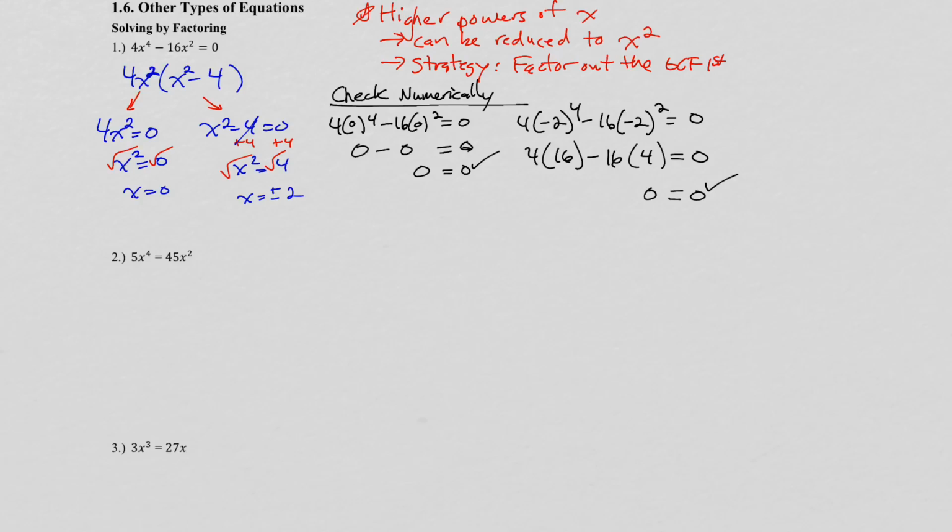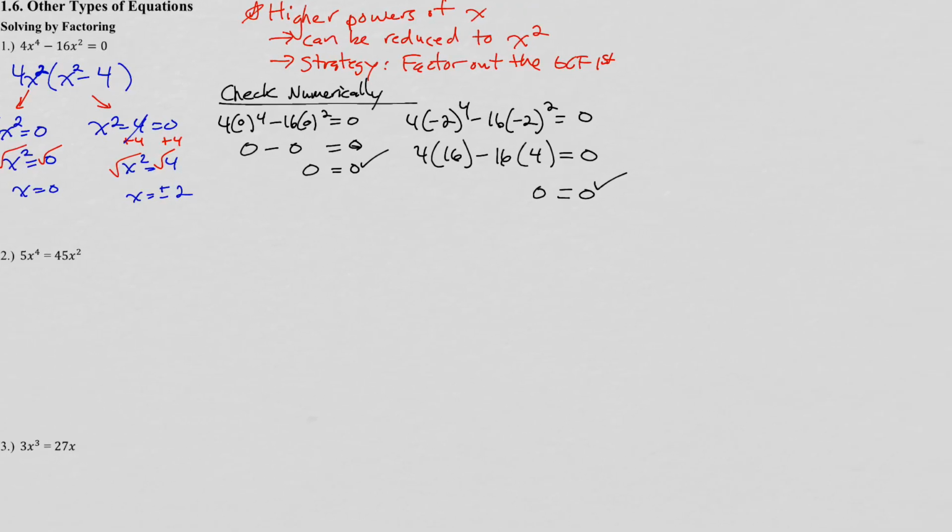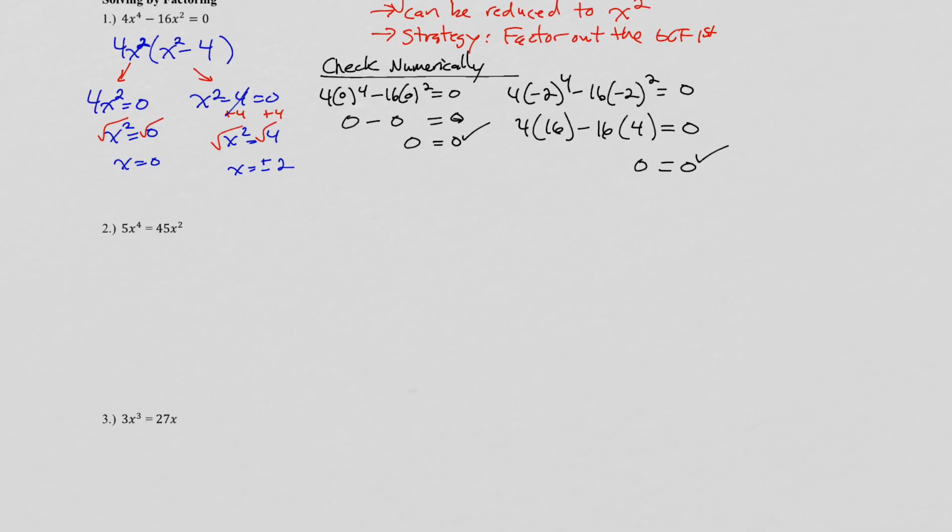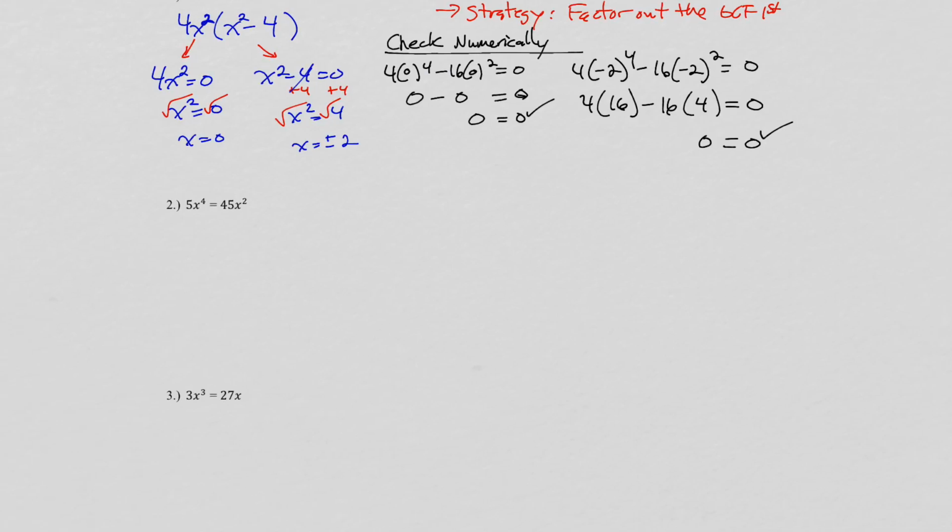Okay, and then we can do the next one, which is positive 2. Well, if you check the positive 2 and you use these powers, they're even powers, it's going to give you the same result, right?